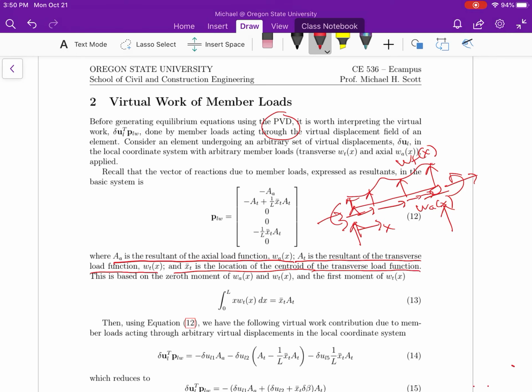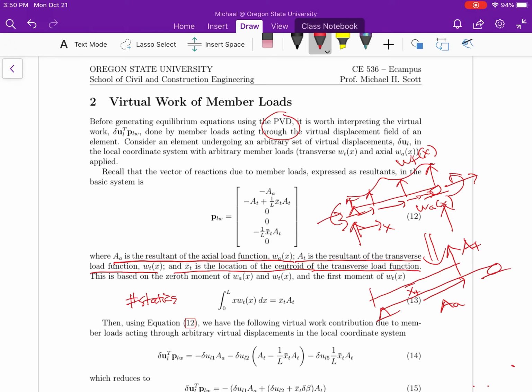So the statically equivalent system to this is a resultant A sub A and then a resultant A sub T acting at some distance X bar sub T. And that's just the first moment function that you learned in statics.